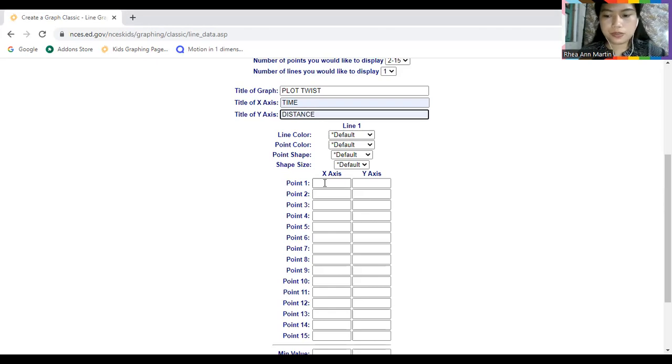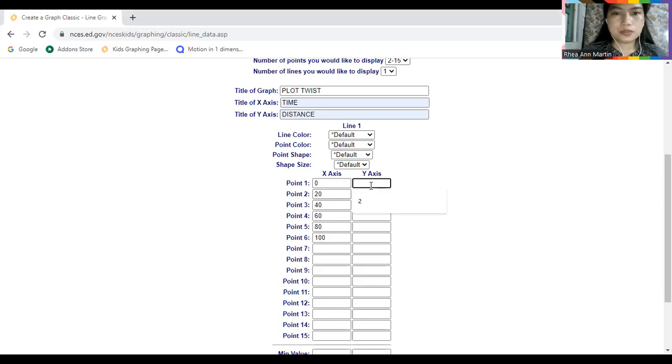X-axis, 0, 0, 20, 40, 60, 80, and 100. Sa y-axis naman, 0, 100, 50, 50, 400.